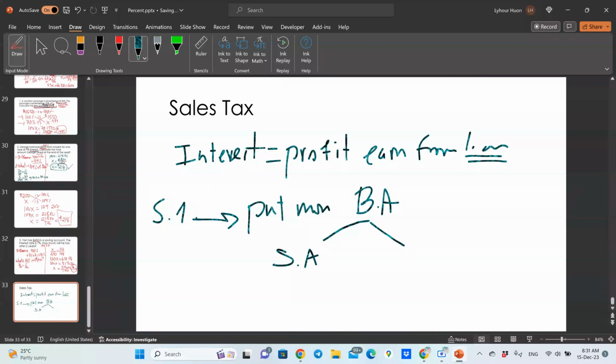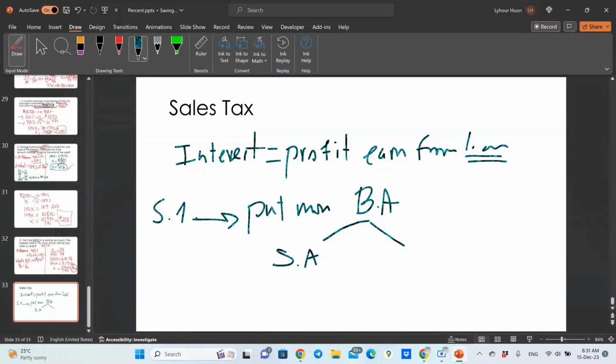Put money into a bank account, meaning we are rich. We have a lot of money, so we put the money in the bank. Yeah, that's scenario one. What about the savings account?